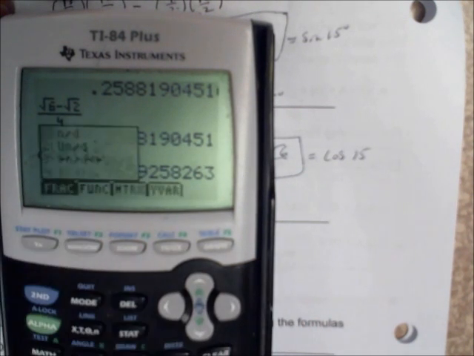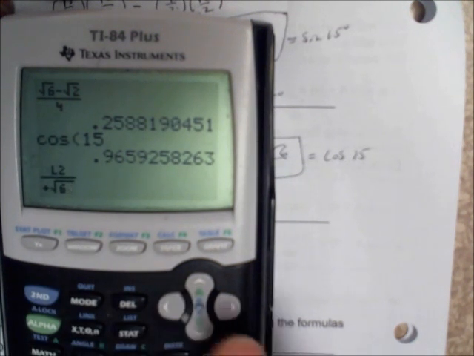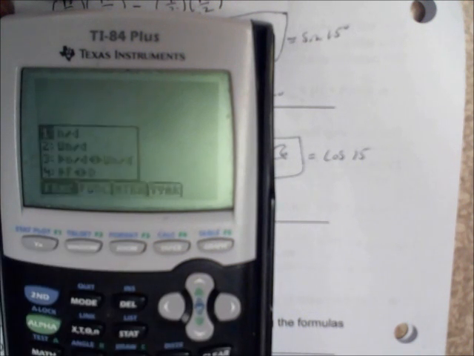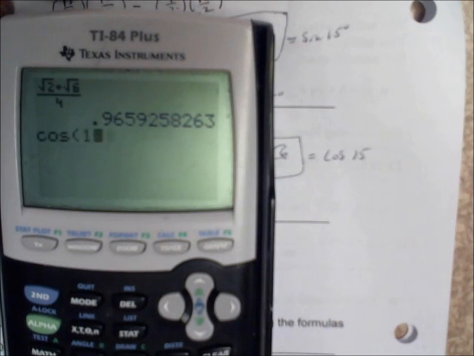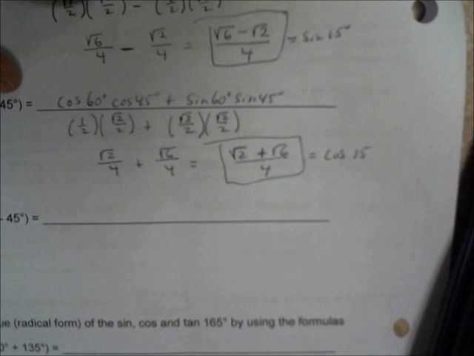And now we're going to see if the square root of 2 plus the square root of 6 all over 4 is the same thing as the cosine of 15. Yes, they're exactly the same. So we did our math right.